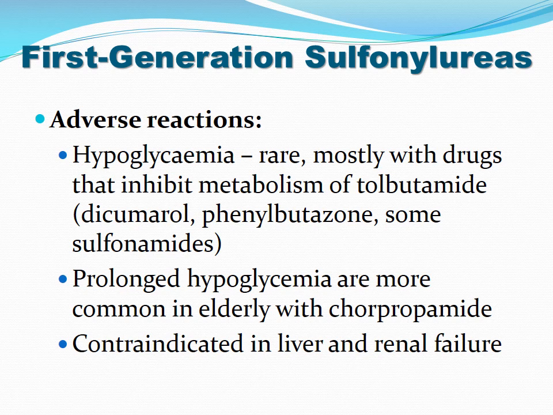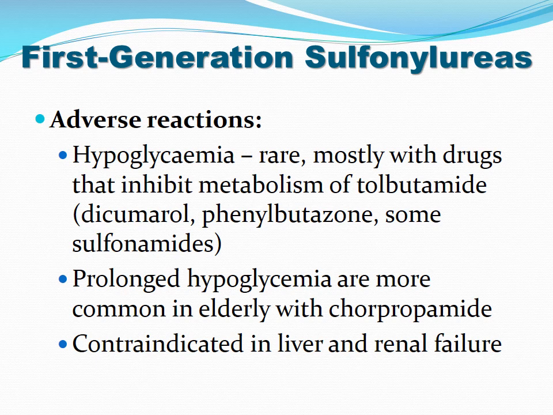Adverse effects of first generation sulfonylureas include hypoglycemia, which is rare with drugs that inhibit metabolism, but may occur, and is very rare due to short action, except with drugs that may stimulate the metabolism of tolbutamide, like dicumarol, phenylbutazone, and some sulfonamides.